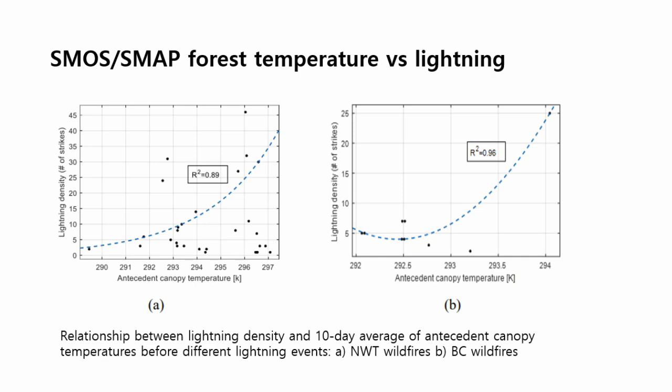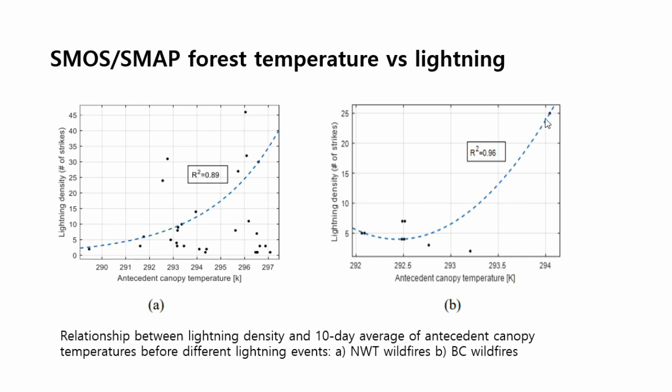On the other hand, B shows a weaker relationship between lightning and canopy temperature, with a smaller fire burned area size, meaning that the scale really matters.